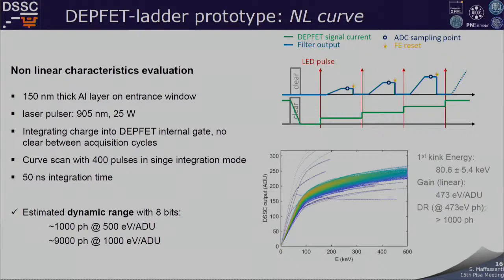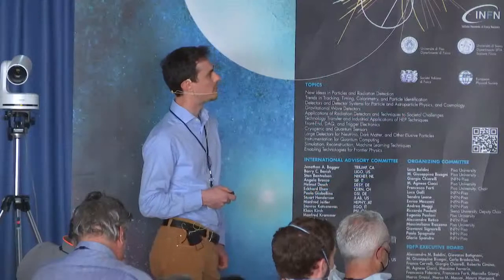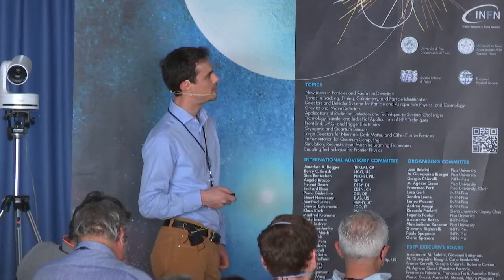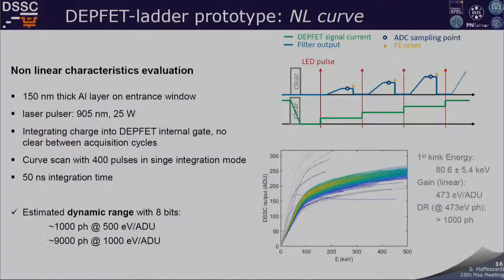Nevertheless, we used a laser pulser, diffusing the light on almost one ASIC area at a single time, and we integrated the charge into the DEPFET internal gate without clearing it, and we acquired 400 LED pulses, reading after each charge deposition the charge value in single integration mode.